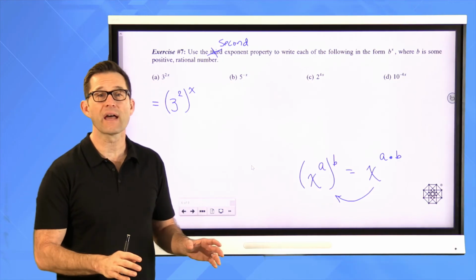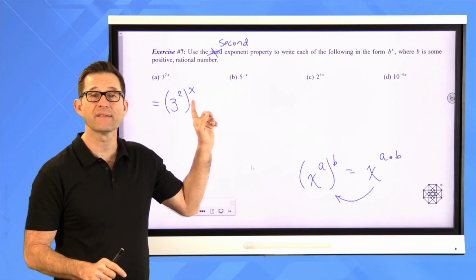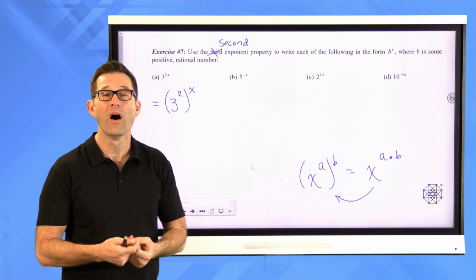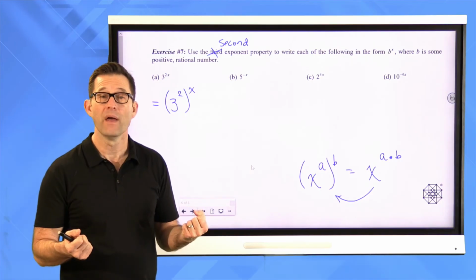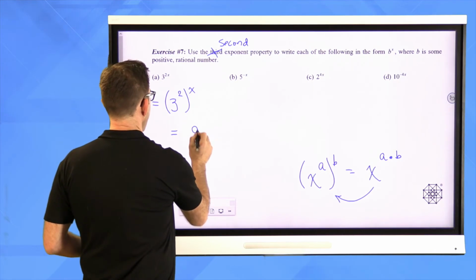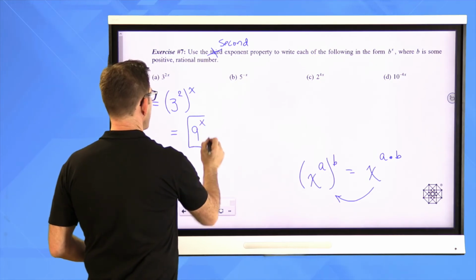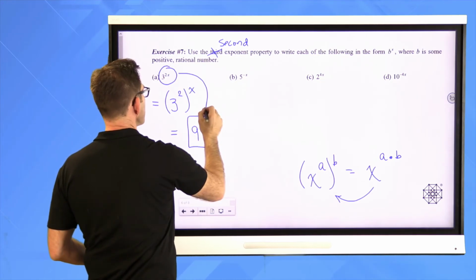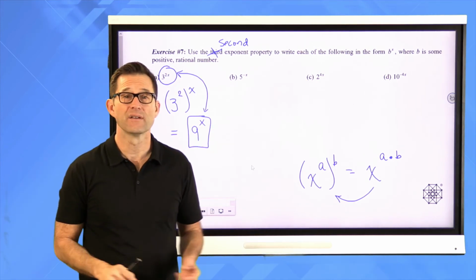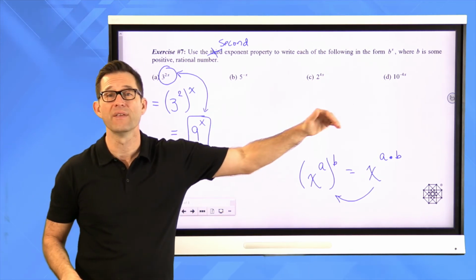Certainly 3 to the second raised to the x would apply that second exponent property that would allow me to multiply these. I'm literally, if you will, unmultiplying them. Now, of course, 3 to the second is just equal to 9, and therefore 3 to the 2x is the same as 9 to the 1x. All right, and that's what we're getting at in this problem.